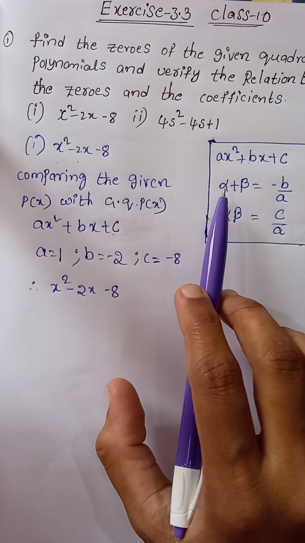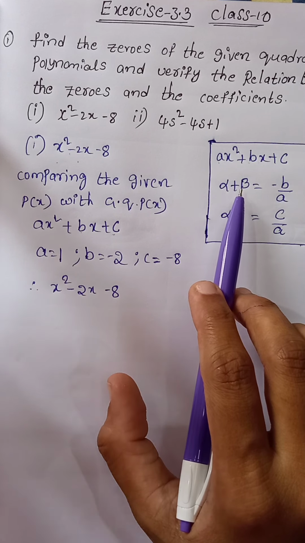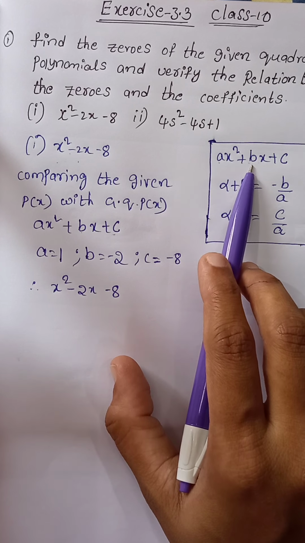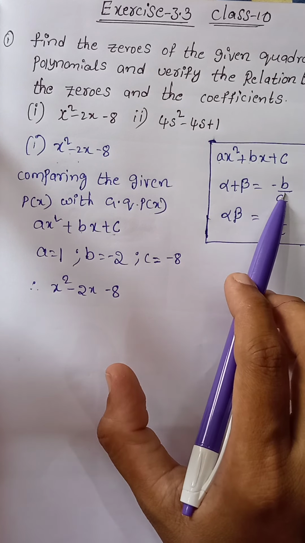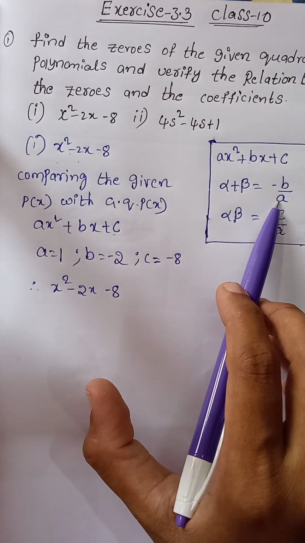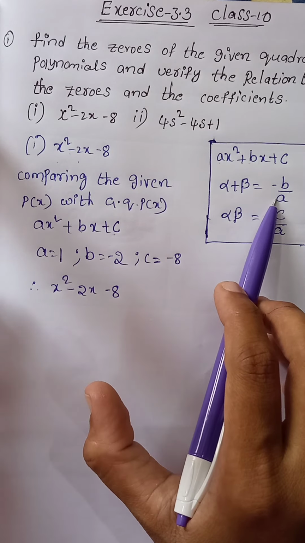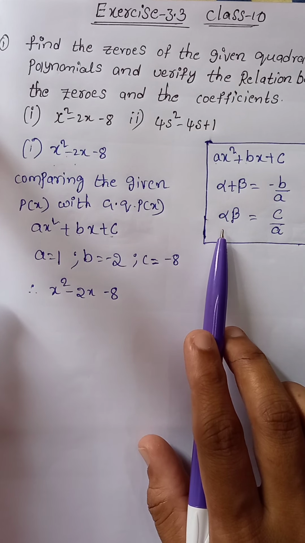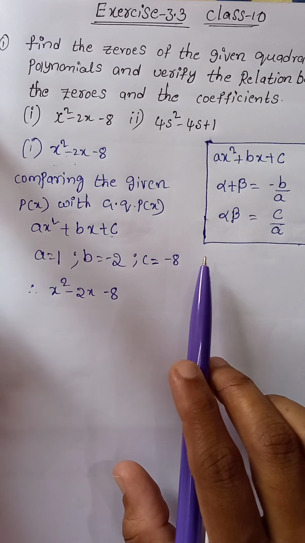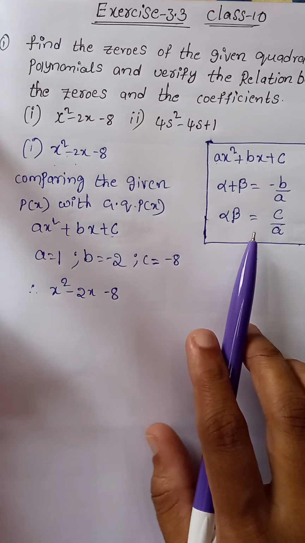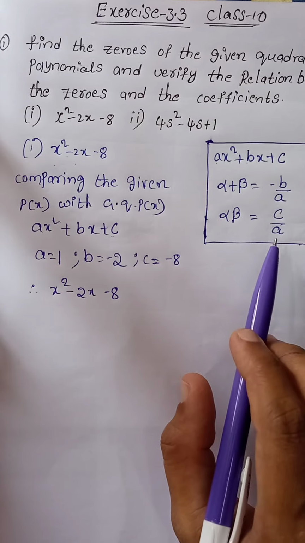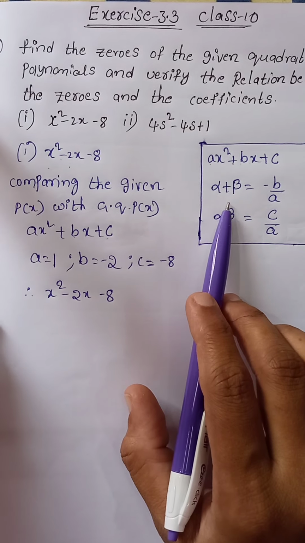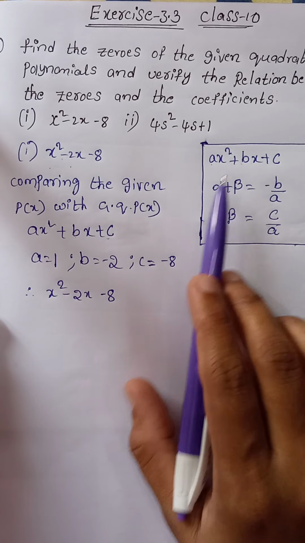When you add these two zeros, you get minus of the coefficient of x, that is b, divided by the coefficient of x square, that is a: minus b by a. When you multiply the two zeros, the product alpha beta is equal to the constant term c divided by the coefficient of x square, a. This is the relationship between the zeros and coefficients of the polynomial.